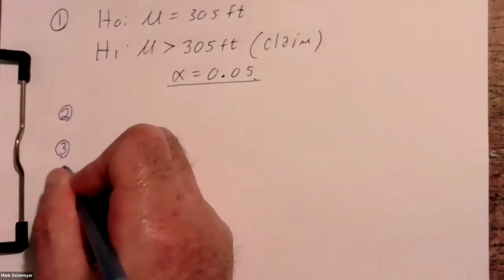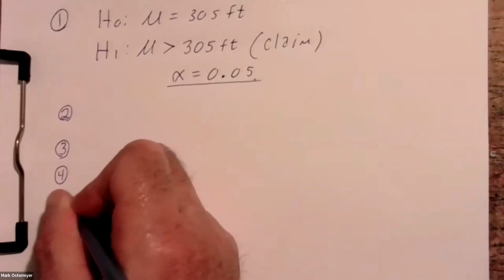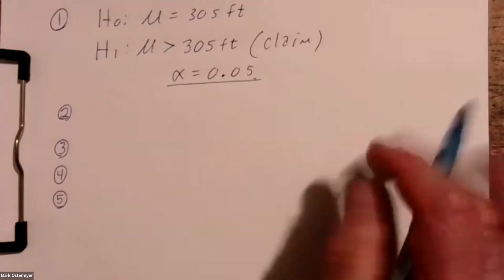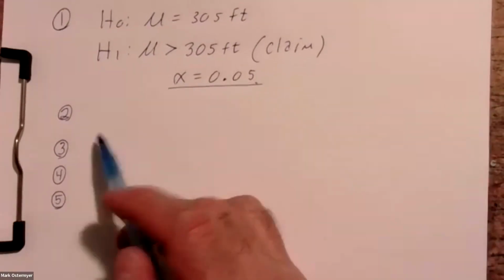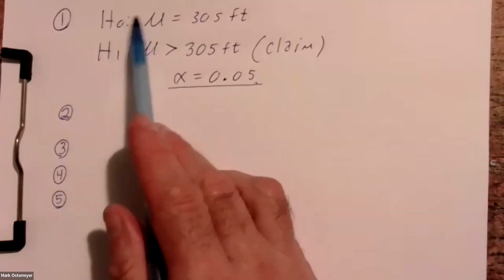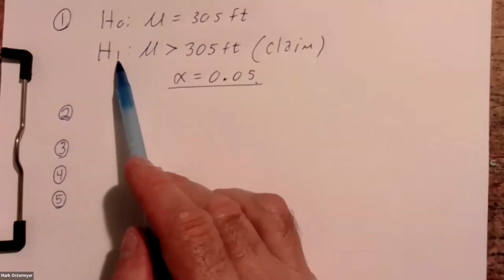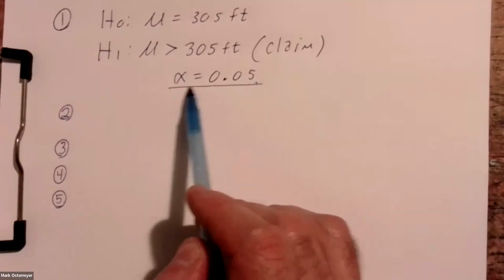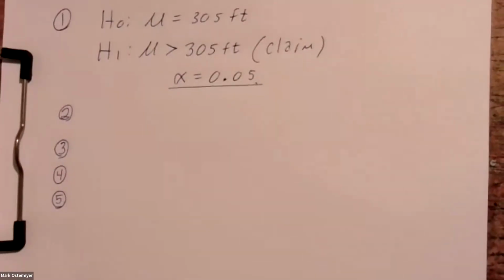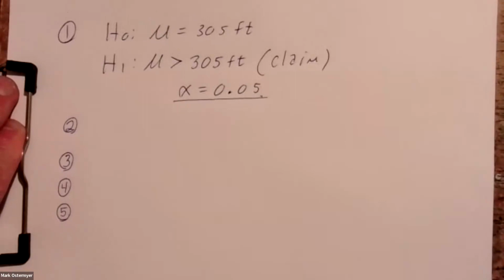Step 4, and then step 5, a plain English conclusion as to what our test is indicating. We'll call this classwork number 1. I've done step 1 in setting up the hypotheses for you, and I did a part of step 2 in indicating what alpha is. You need to finish step 2 and do steps 3, 4, and 5. See if you can do that.